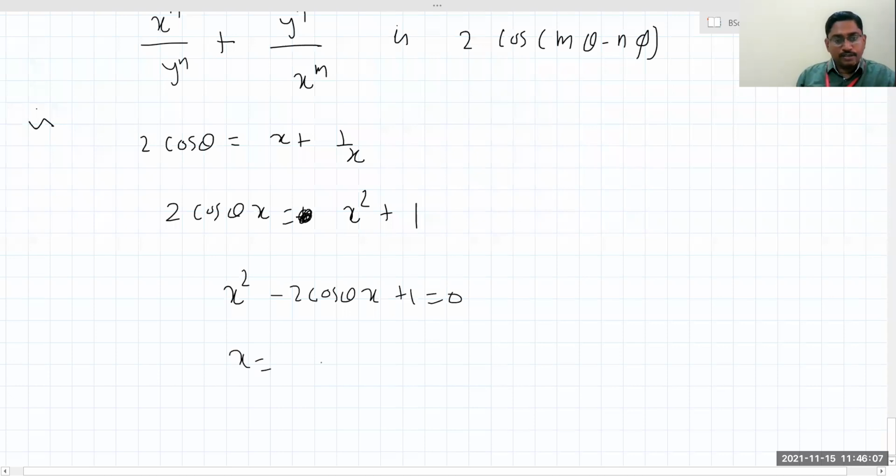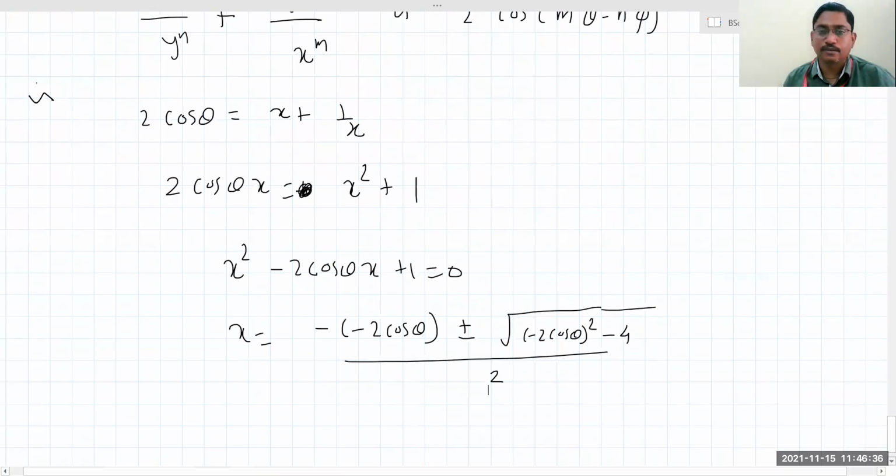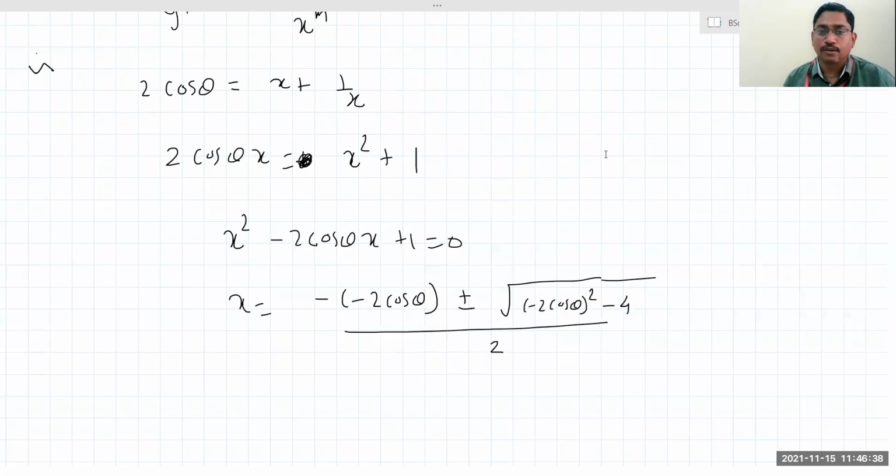So what is the value of x? Minus b, where minus 2 cos theta is b, so minus b plus or minus square root of b square minus 4ac. a is 1 and c is 1. And that is going to be divided by 2 times a. a is 1, the coefficient of x square. What next?